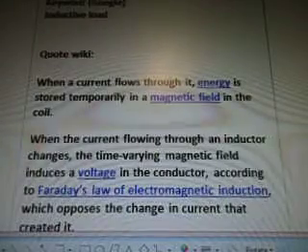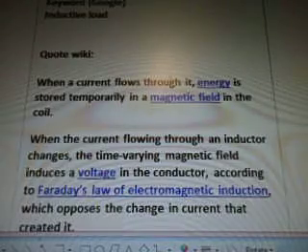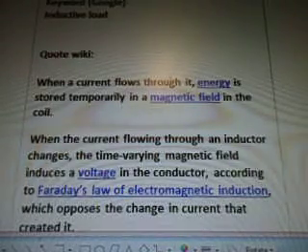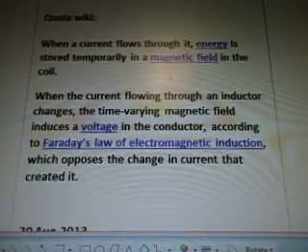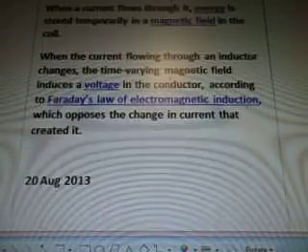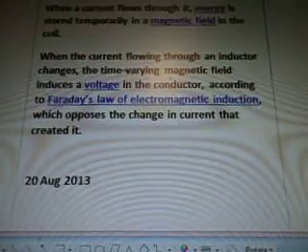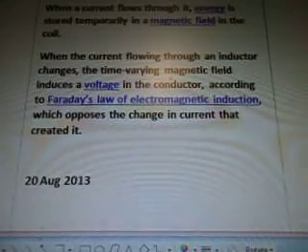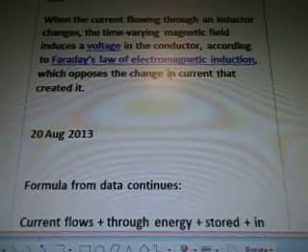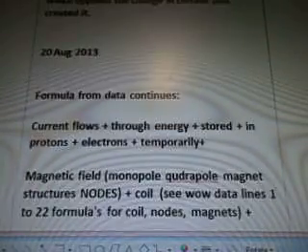Quote from Wiki, when a current flows through it, energy is stored temporarily in a magnetic field in the coil. Sweet. When the current flowing through an inductor changes, the time-varying magnetic field induces a voltage in the conductor, according to Faraday's law of electromagnetic induction, which opposes the change in current that created it.